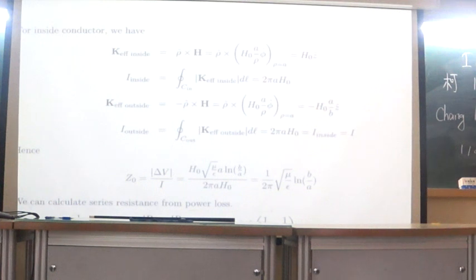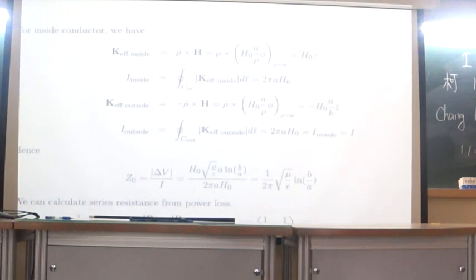So for the inside conductor, the surface current density is equal to H0 times the direction, and the total inside current is just 2 pi a times H0. And the same, the effective current density at the outside conductor is equal to H0 times a divided by b.